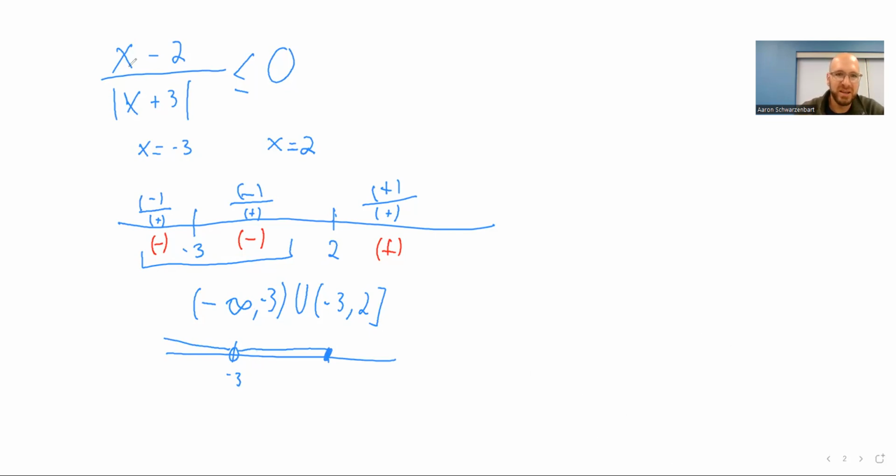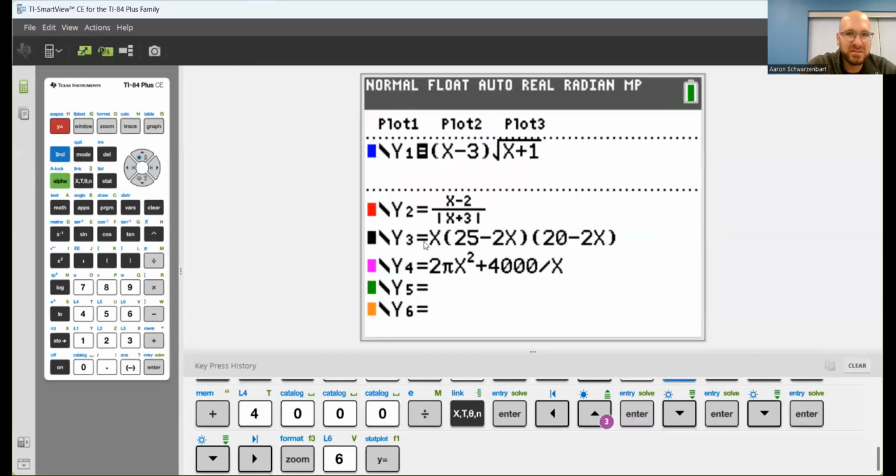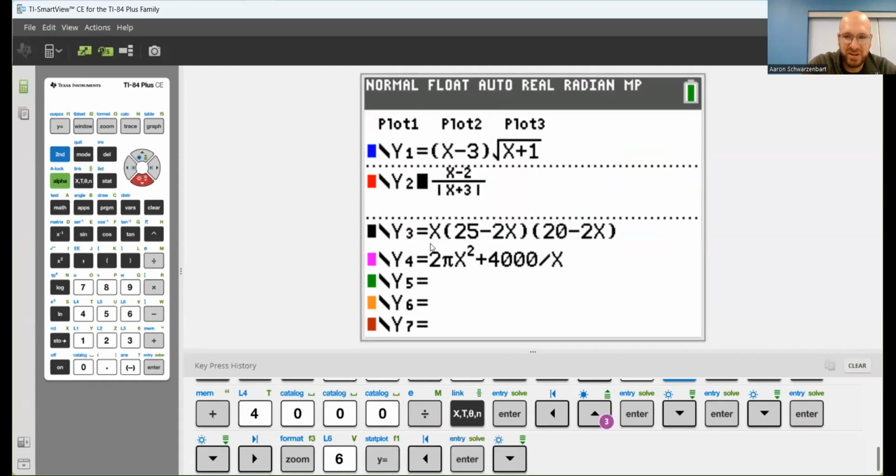Let's take a look quickly at the graph here of this one. So here's a little trick for turning on and off graphs. I entered all of them ahead of time. You can turn a graph on and off by having the equal sign highlighted, and all I'm doing is pressing enter over the equal sign.